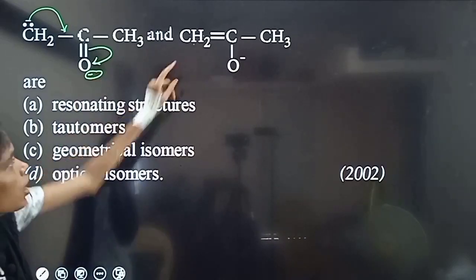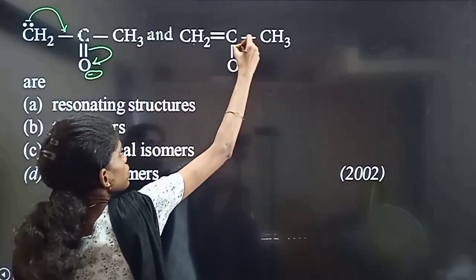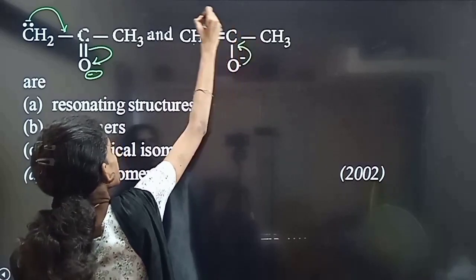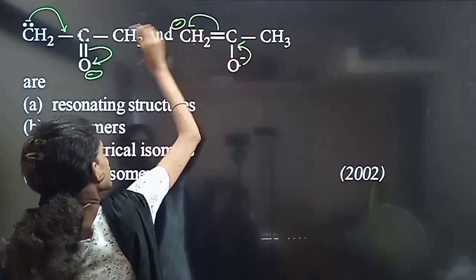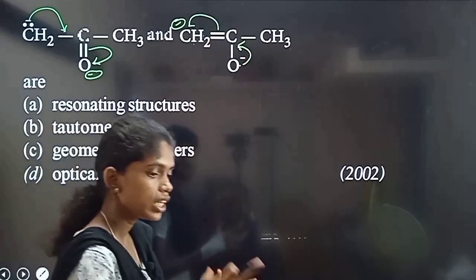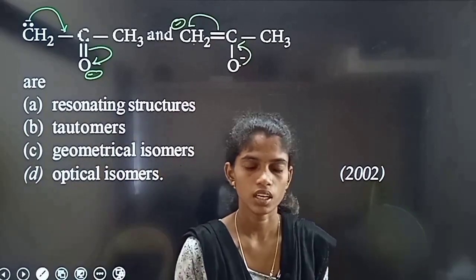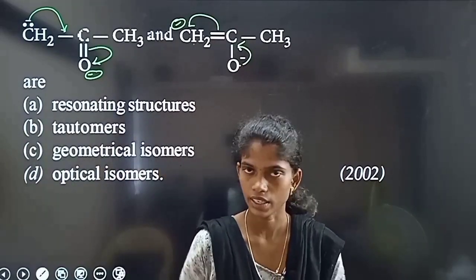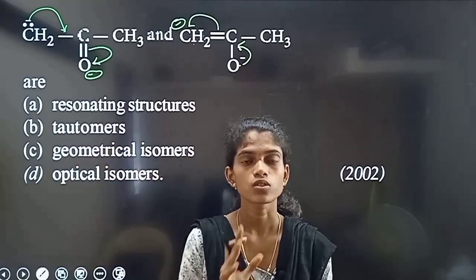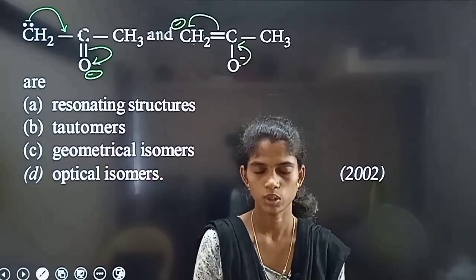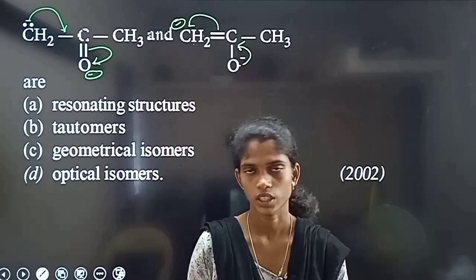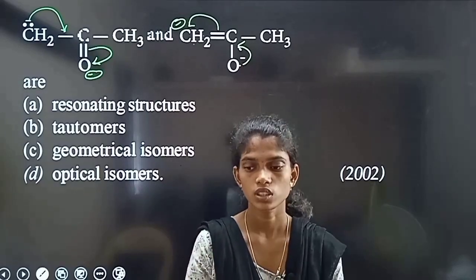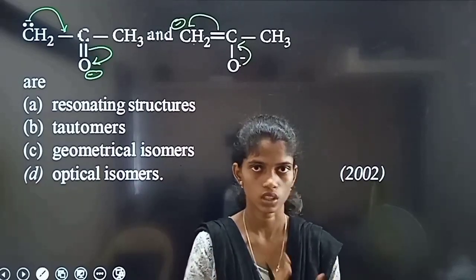Again the electrons shift and the bond forms, so here there is one negative charge. Because of delocalization of pi electrons, these two structures are created. So it is called resonance. We have studied this. So option A is the right answer, which is that these two are resonating structures.